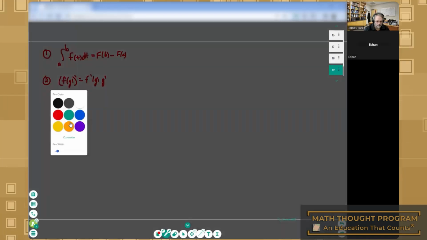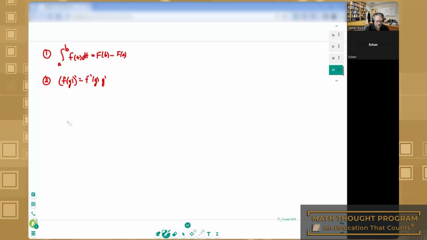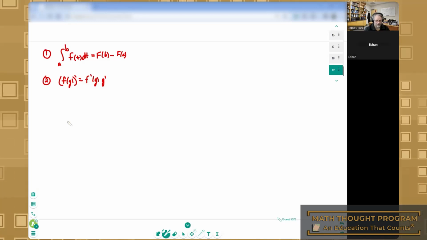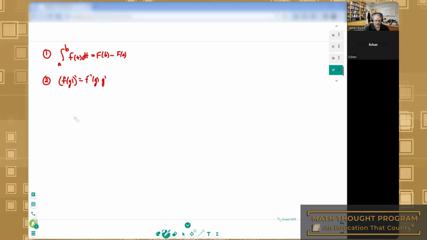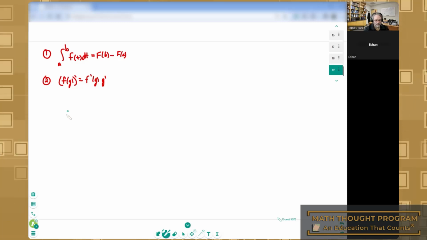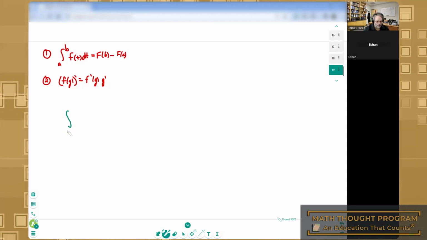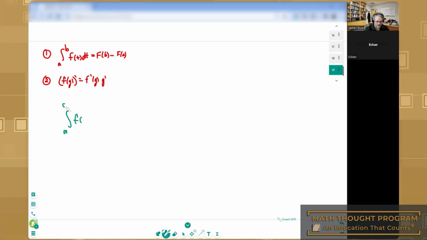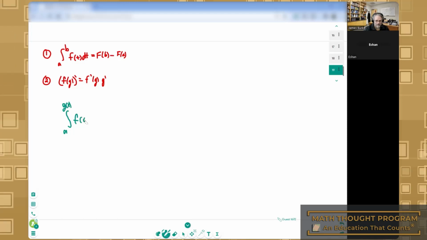Now, let me ask you this question. Let's say you have a fellow classmate who's really struggling with this. You show them the formula, but they still want to know why. They still want to know why when you look at your function here, let's just say it goes from a, and let's say you have g of x.